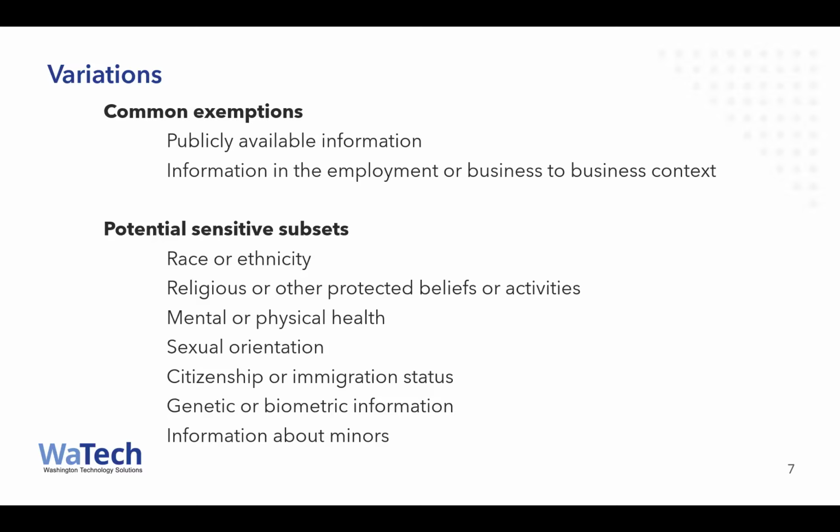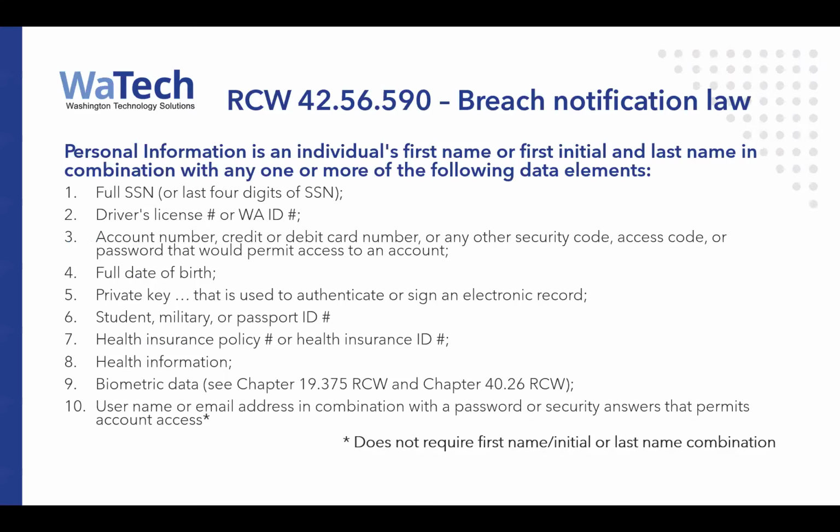And there's another place where we see a definition of personal information, which is in our state breach notification law. It has a definition here of basically being personal information as a person's name in combination with one of these elements. This is not the definition of personal information that we use when we're thinking about things from a policy perspective and whether we want to consider impacts to individuals.